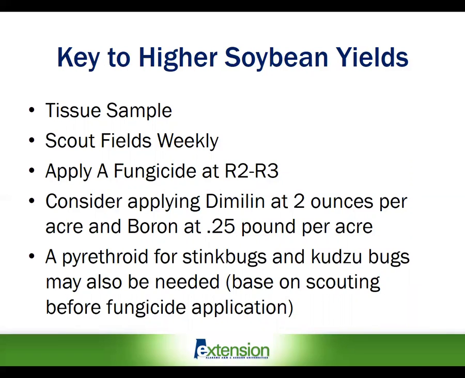I would consider applying Dimilin, which is an insect growth regulator, at 2 ounces per acre. What I've seen is the Dimilin has helped suppress soybean loopers. That's one of our biggest problems. This may help us to alleviate a soybean looper application later on in the year.